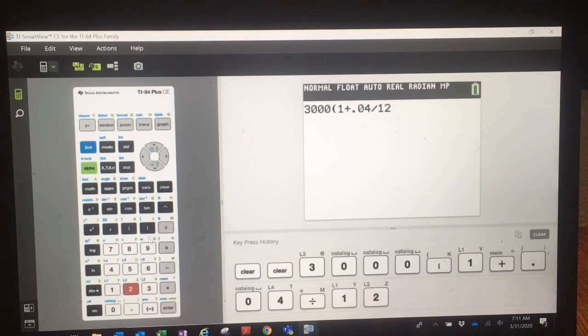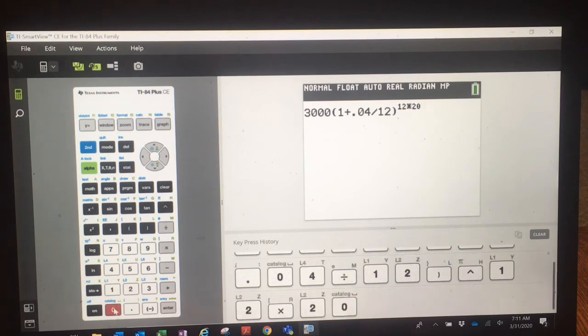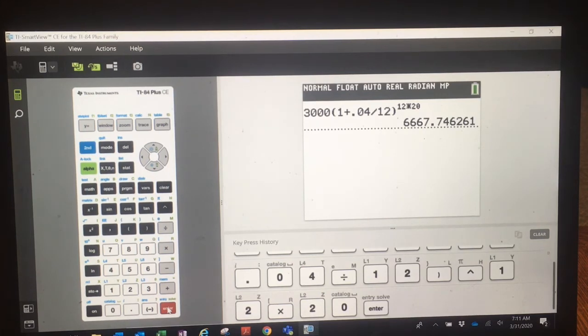It's important that you close the parentheses. Now we're going to exponent, and I can just simply go 12 times 20. Calculator will take care of it for me. Enter. And at the end of 20 years, you will now have $6,667.75 in the account.